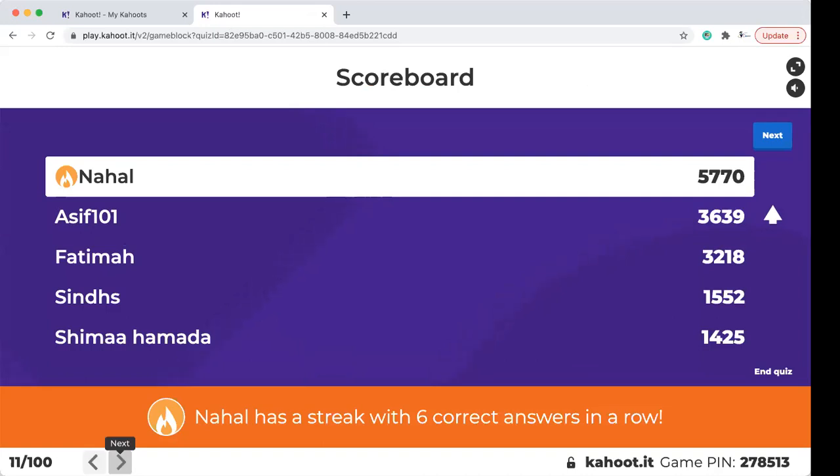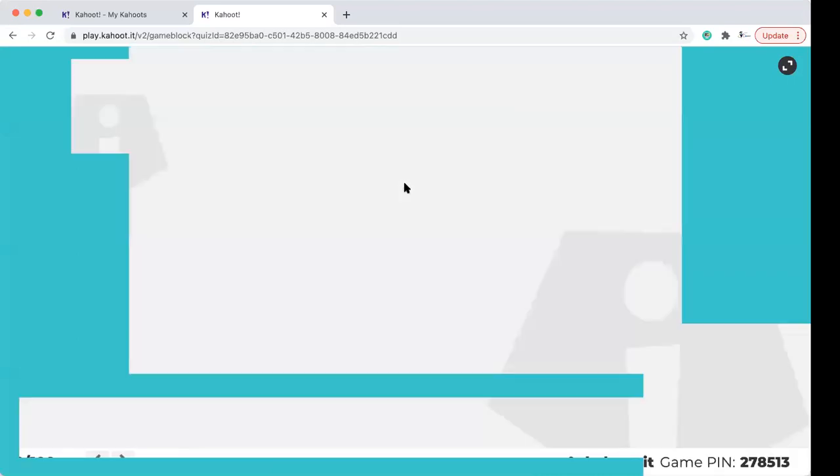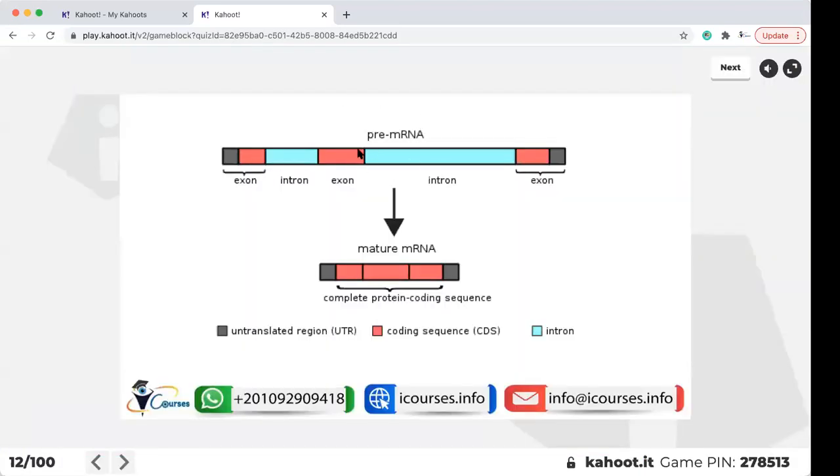Let's see what the explanation is. You can see that this is the immature mRNA, or the pre-mRNA. It consists of exons, which are parts that will code for proteins, here an exon, and here an exon. And there are parts called introns.